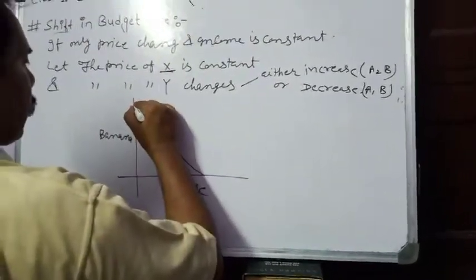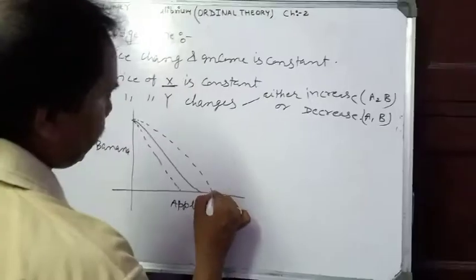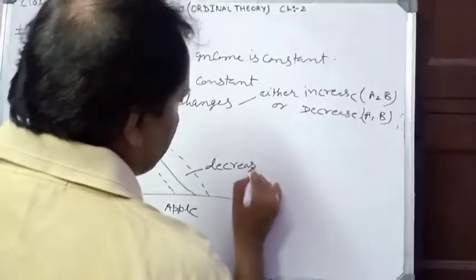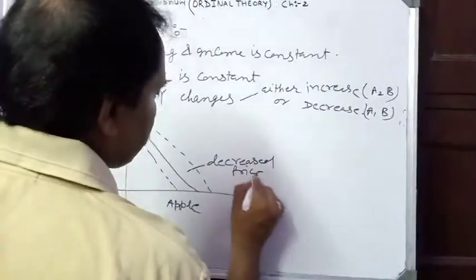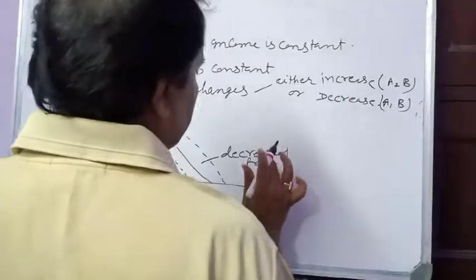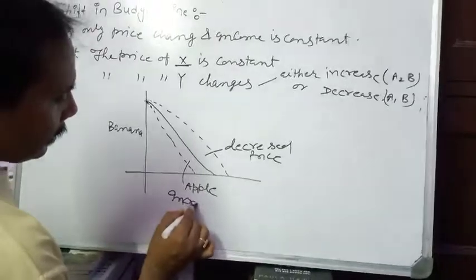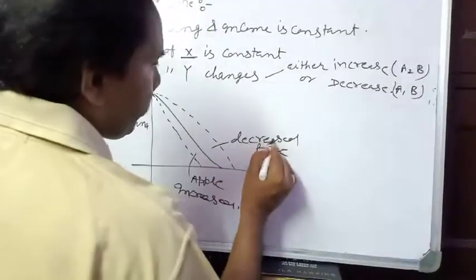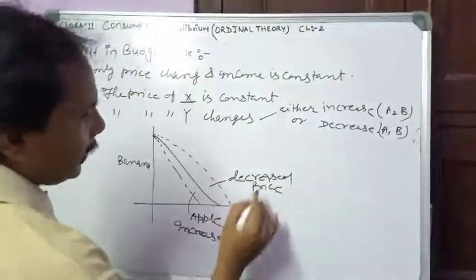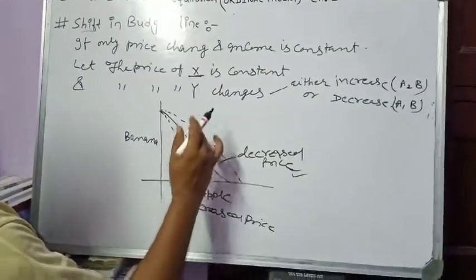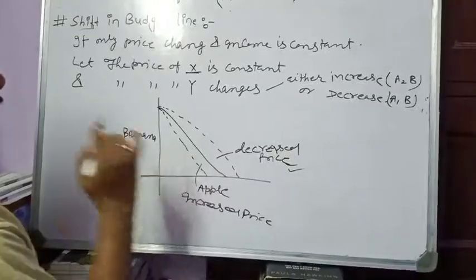And the price of the apple has decreased. So it is the increased price and it is the decreased price. So in this way, the budget line will either shift rightwards or leftwards. Okay? Is it clear? Thank you.